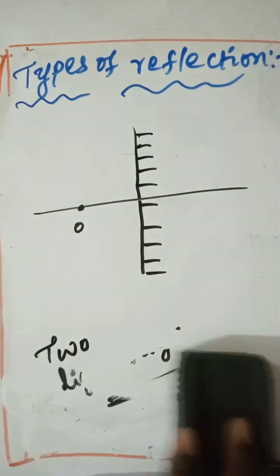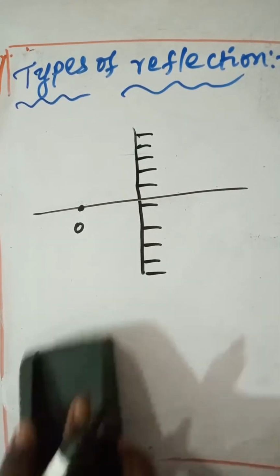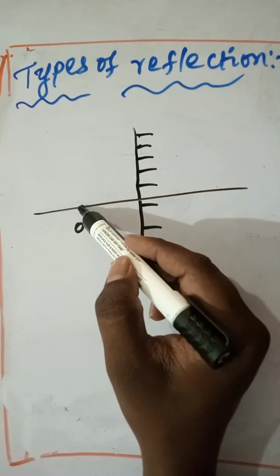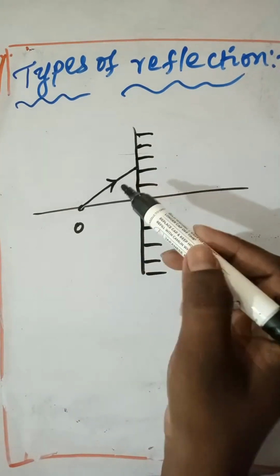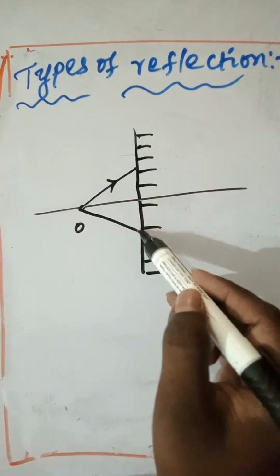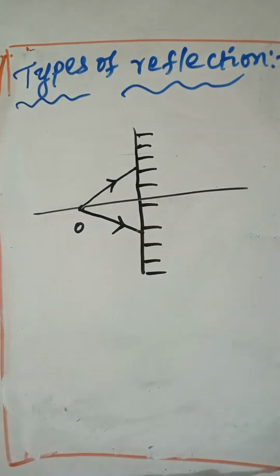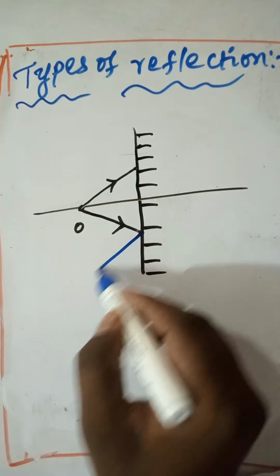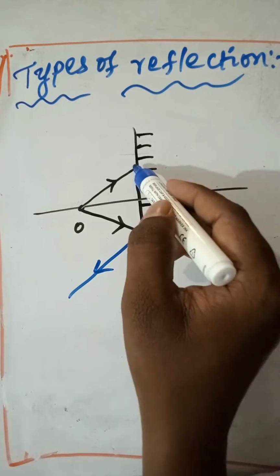Clear? Now I am taking one light ray like this, and another light ray like this. So we are extending those light rays. Here you can see, I am extending this light ray, and here also I am extending this light ray.